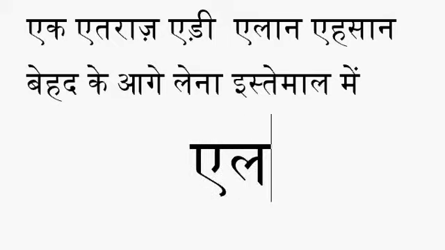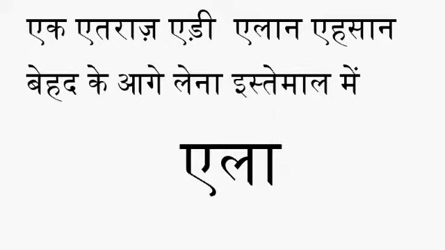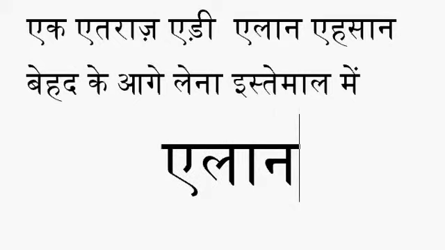A, La, add a vowel diacritic of long A. Na. Drop the default vowel on Na, and we've got Elan. Elan means to declare. Parmeshwar ka naam elan karo. Declare God's name.